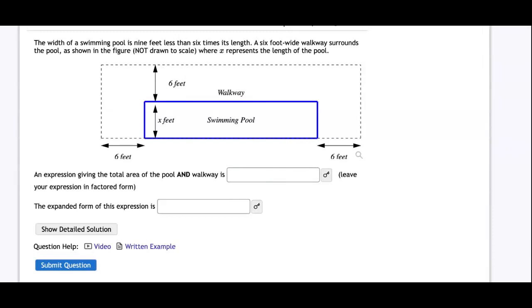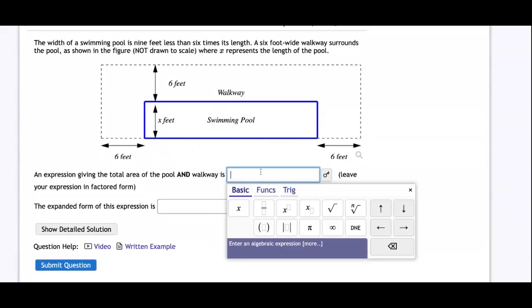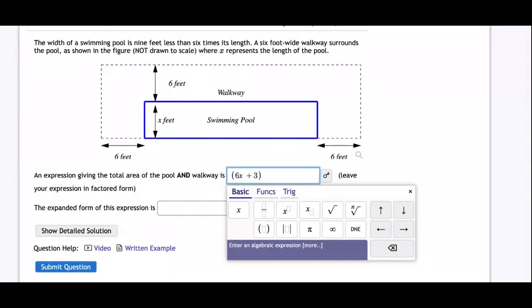How can you tell me the width of the dashed rectangle? We know the swimming pool is 6x minus 9. What else do we have to do? Do we see 6 feet, 6 feet? That means we have a plus 12, right? So 12 minus 9, that's 3. So that means 6x plus 3. So that's the width of the dashed rectangle.